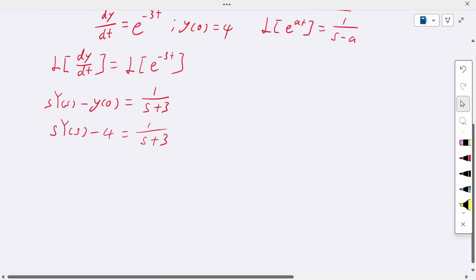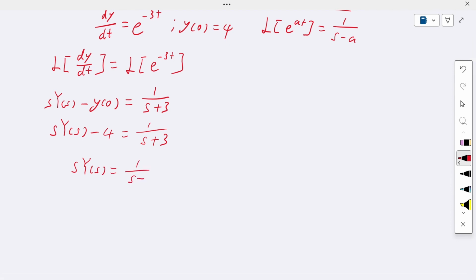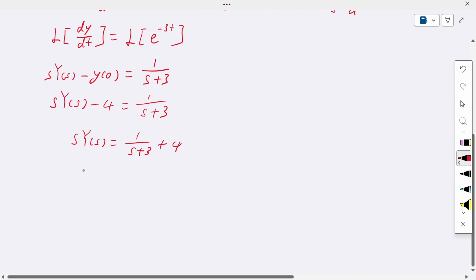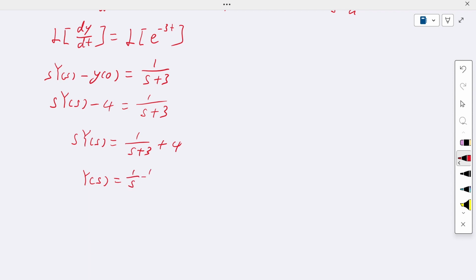We're going to shift this 4 to the right hand side. This gives us 1 over s plus 3, plus 4. And then we shift the s. Here we have 1 over s times s plus 3, plus 4 over s.